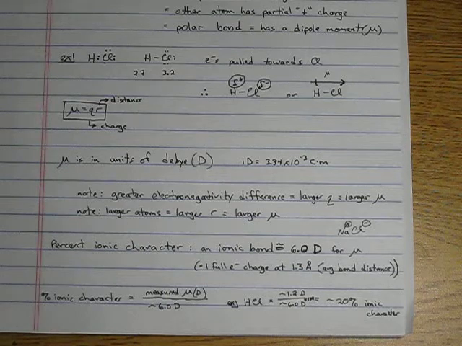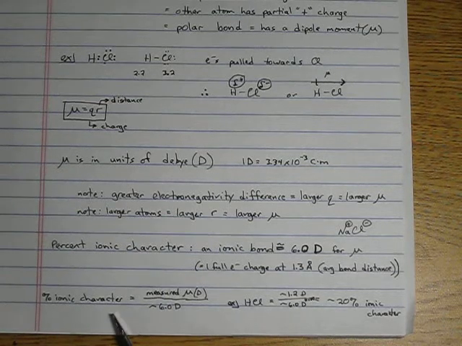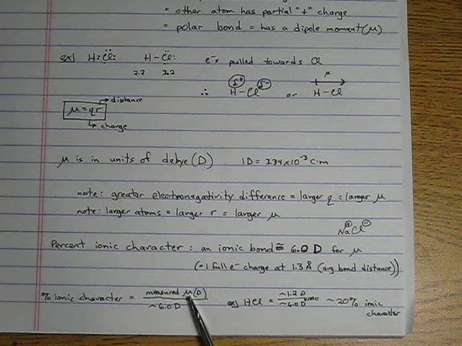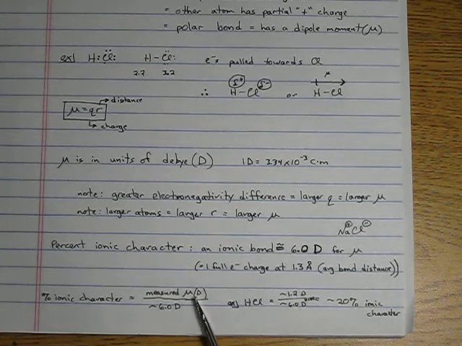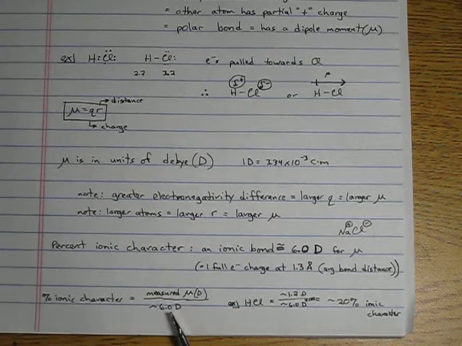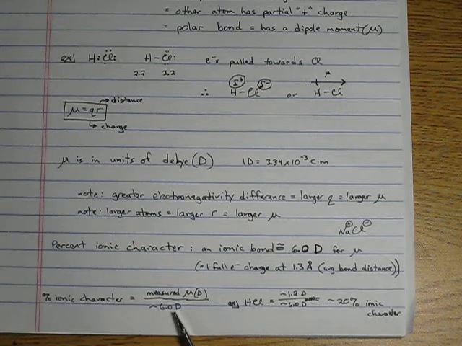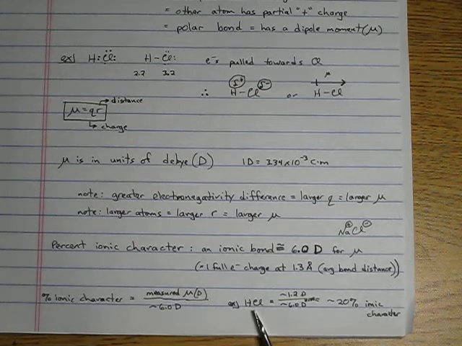We're going to define the percent ionic character as the dipole moment you get from your polar covalent bond divided by the dipole moment of a purely ionic bond, about 6 debye, times 100%. So for HCl, if you go in and measure it, the dipole moment is about 1.2 debye.